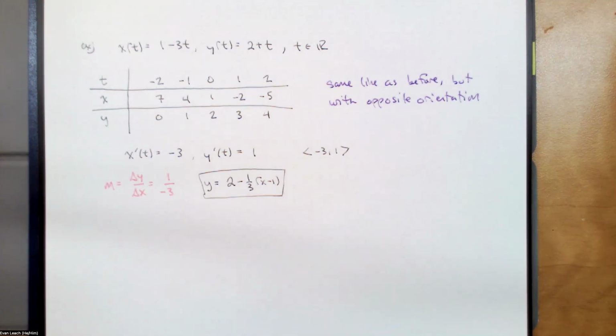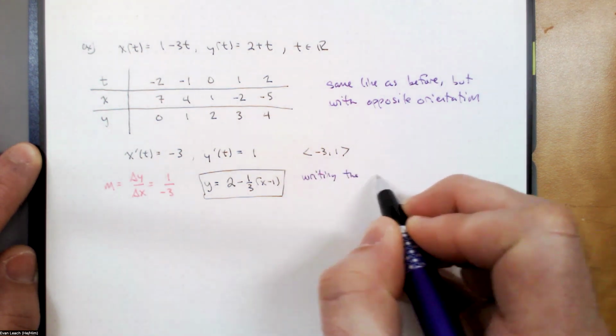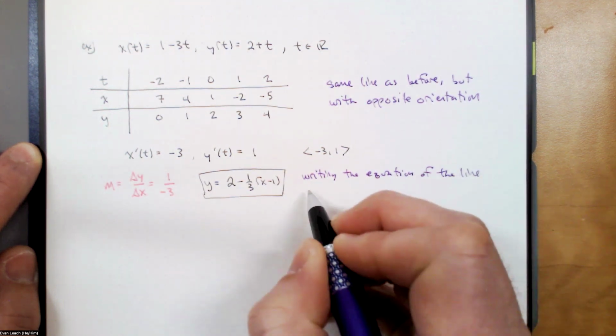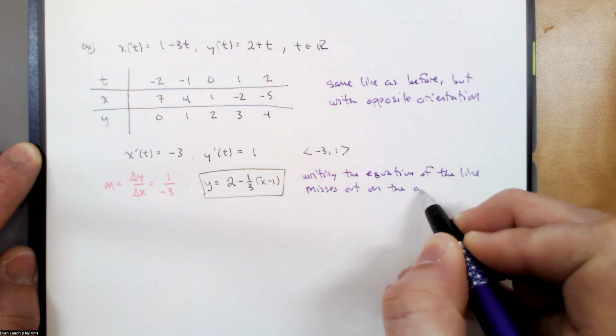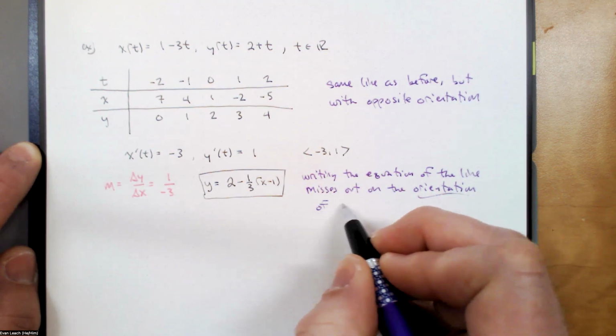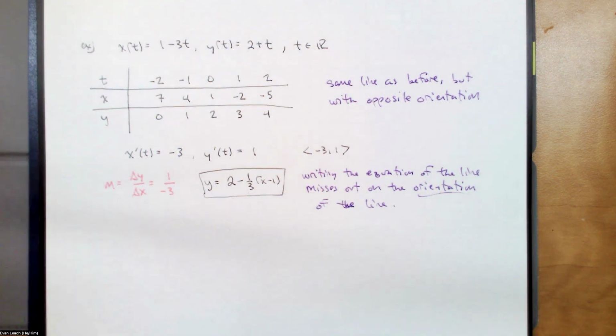When we write the equation of the line with x and y, when we describe it as a relationship between x and y, we don't have the orientation going along with it. It's not always a good idea to simplify things.